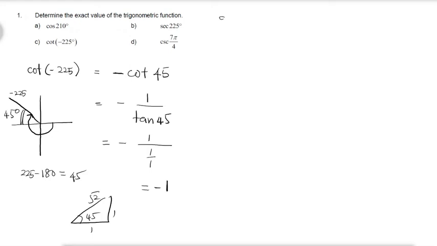As for D, we are looking for cosecant 7 pi over 4, which in degree is cosecant 315 degree. As we sketch the angle, 315 is positive, so it will be until here.